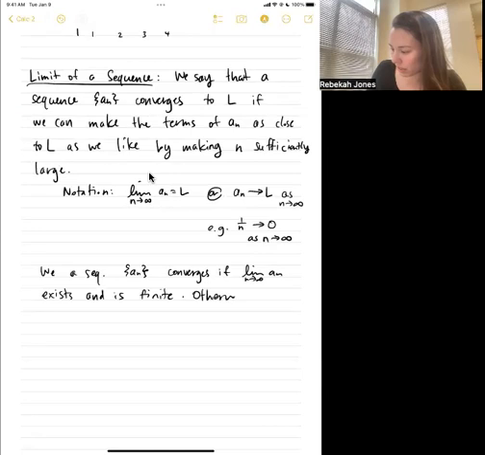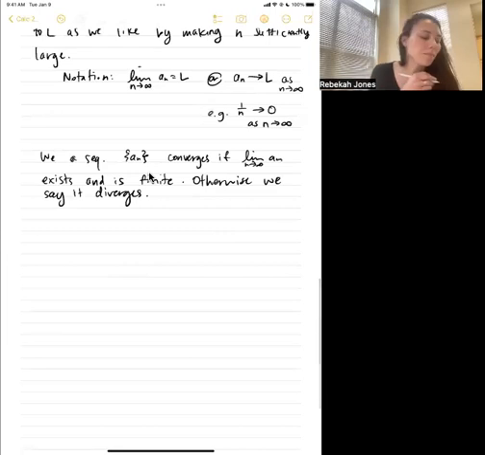Otherwise, we say it diverges. And then diverging to infinity, what that means is that the values get as large as we like, or we can make the values as large as we like.